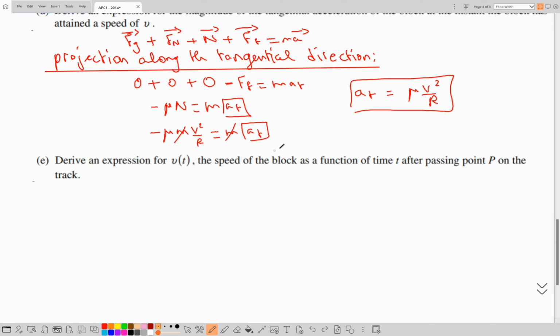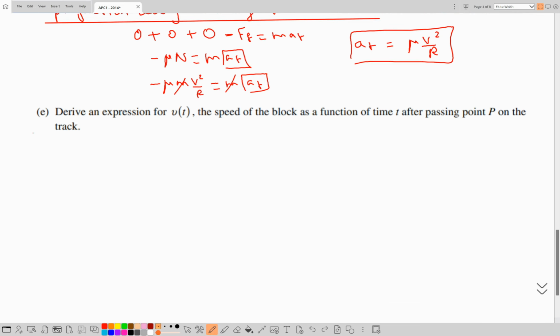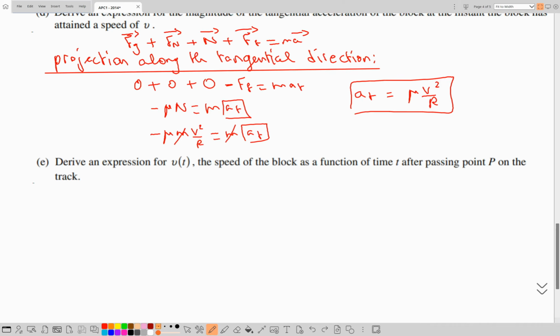The second thing is that even if we know the acceleration, we cannot use kinematics to derive the expression of the speed, because the acceleration itself depends on the speed. So the only way to do it is using calculus and utilizing this equation as a differential equation. But remember that we need to use the negative sign and not the magnitude itself.